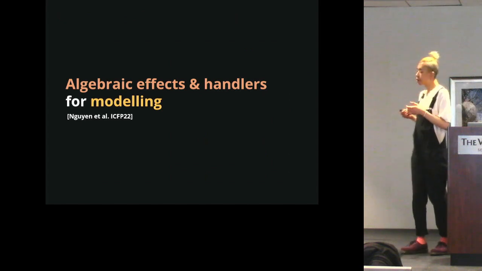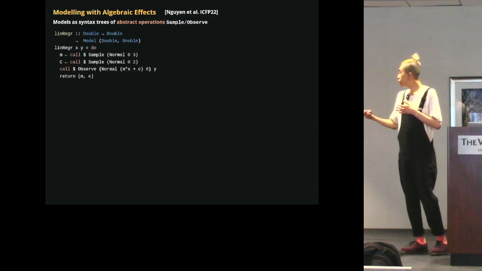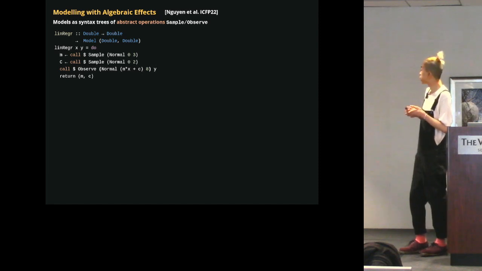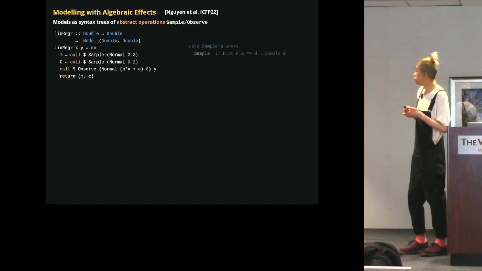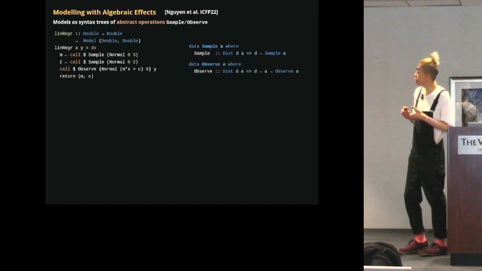Okay, so last year in ICFP, we developed a language in Haskell for modeling based on algebraic effects. And in this, you can write linear regression like this. So sample takes a distribution D that generates values of type A, and it gives us a sample from it. Observe is similar, except it also takes an observed value to condition against.